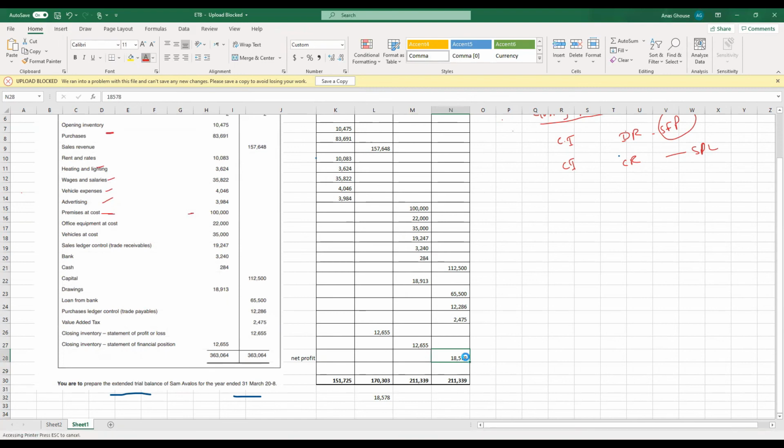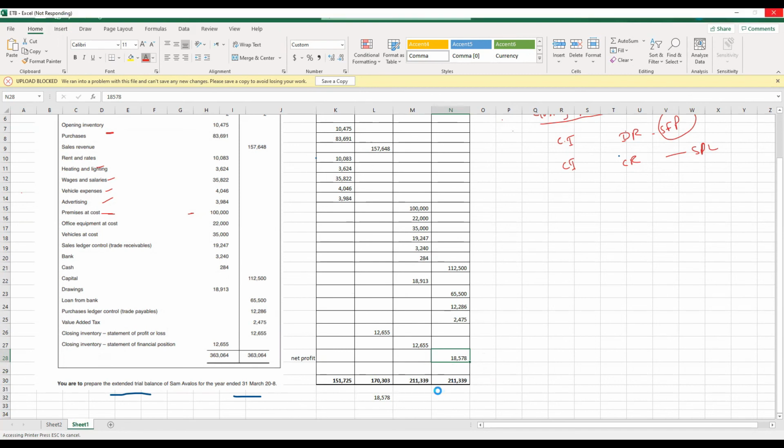Once you credit that, your statement of financial position should balance. As you can see, your debit balance is 211,339 and credit side is 211,339. So this is how you prepare your extended trial balance based on the initial trial balance. Thank you very much.